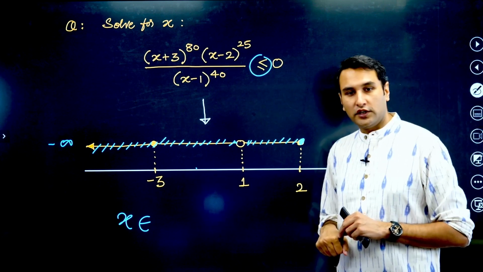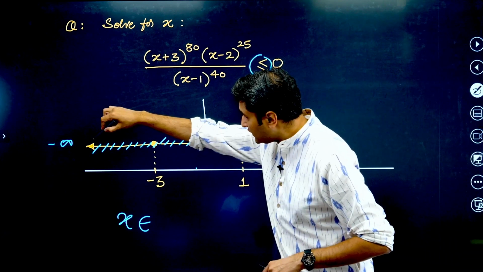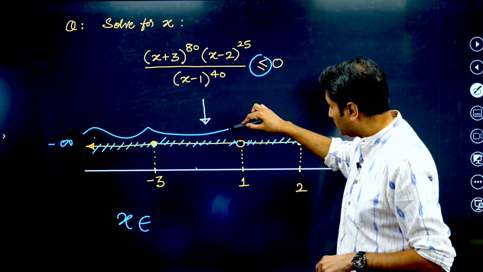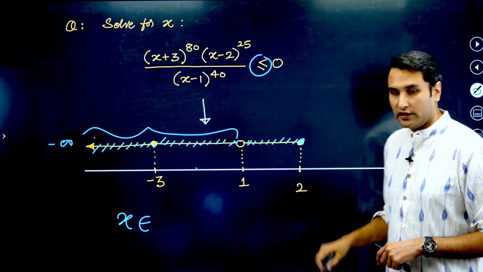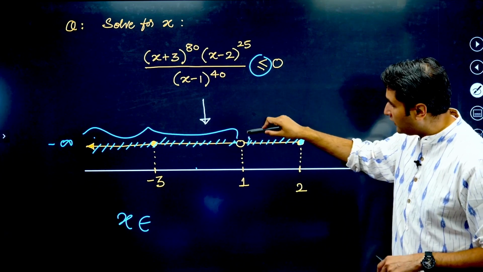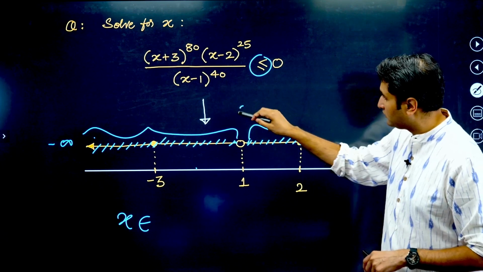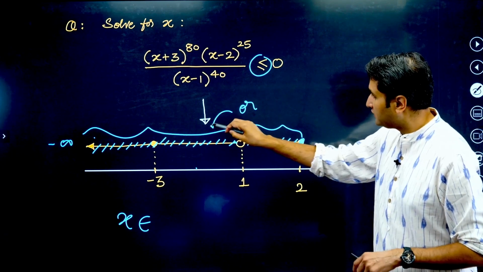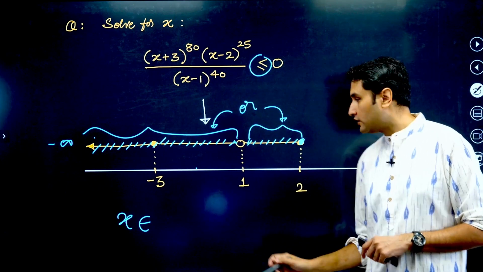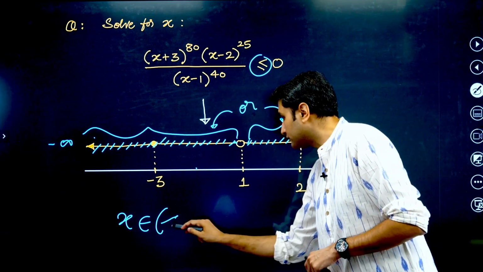So read it like this. First you moved in this zone, stop. So either x lies in this zone or x lies in this zone. How do you write it?